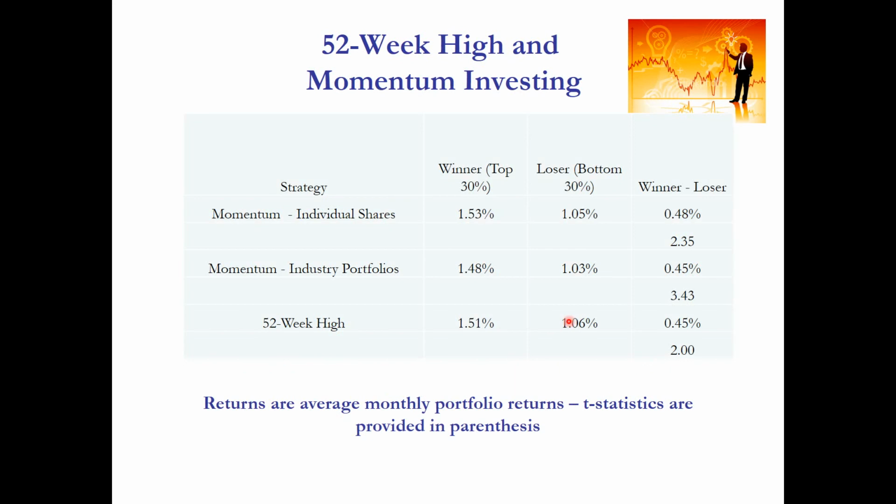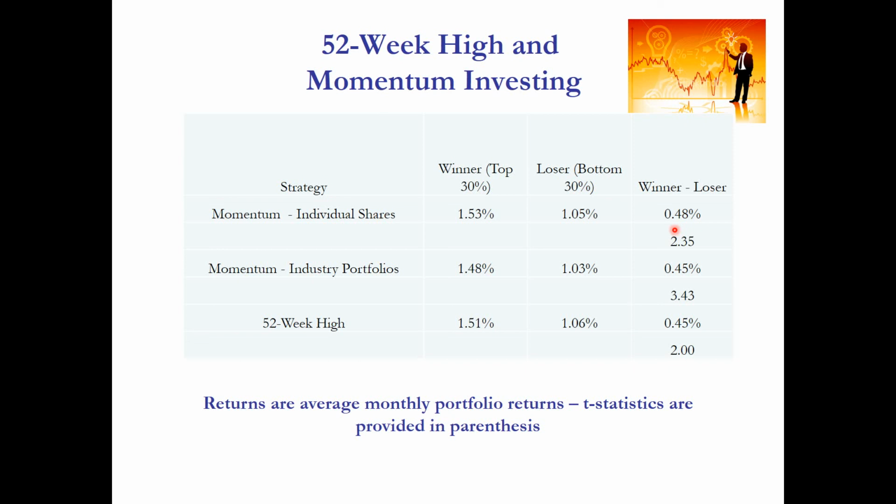So these are the returns of 52-week high momentum investing. The results are similar to the evidence we saw before. George and Huang find that portfolios of winners, which are those close to the 52-week high, when they buy them and hold them for 6 months, rebalancing portfolios every 6 months, tend to outperform past losers by about 0.5% per month.